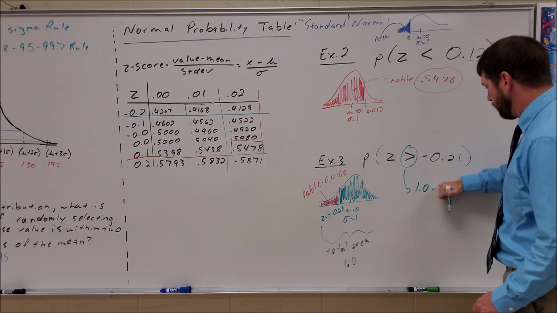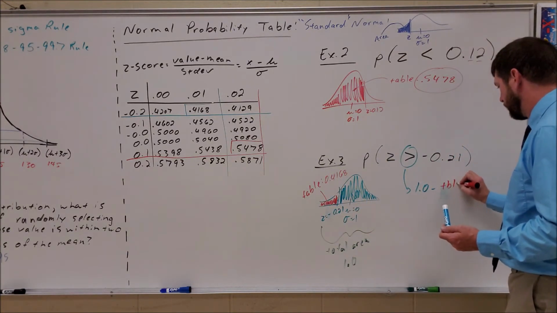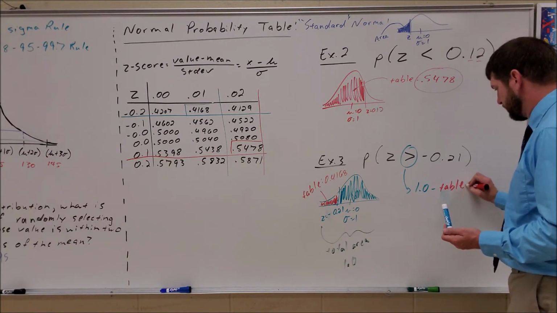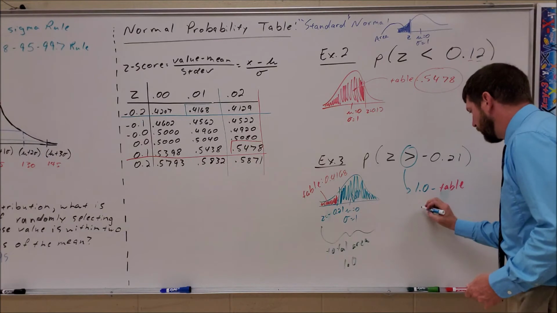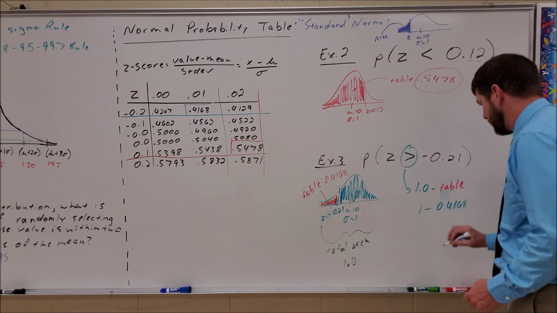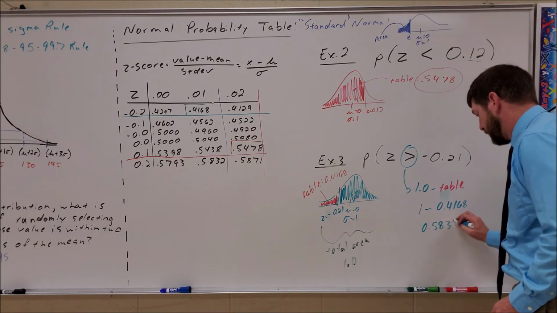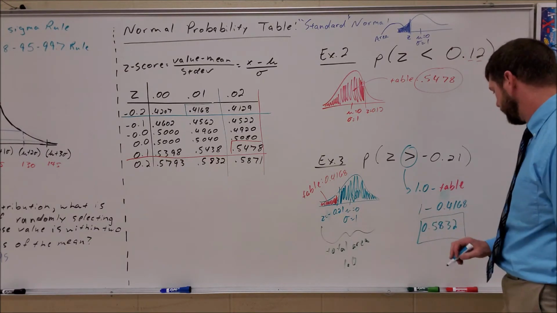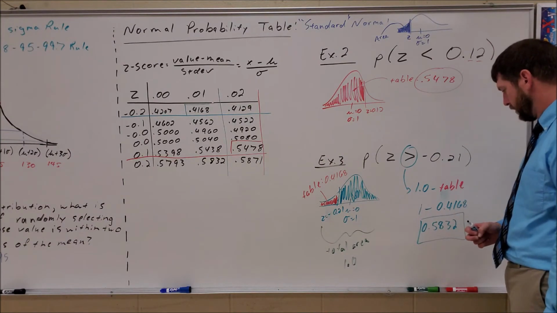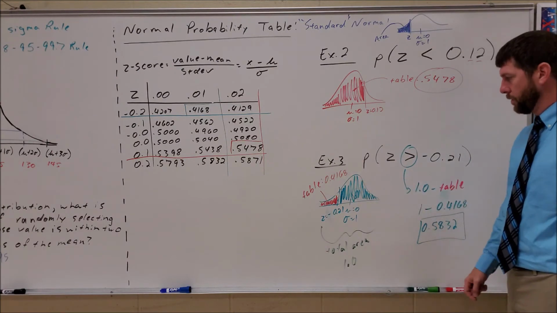Okay? So 1 minus 0.4168 is going to give me 0.5832, I believe, which does look good. So 0.5832 ends up being what we'll get on this one.